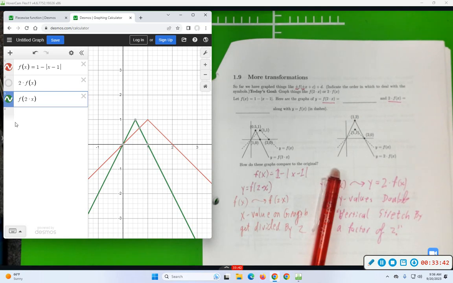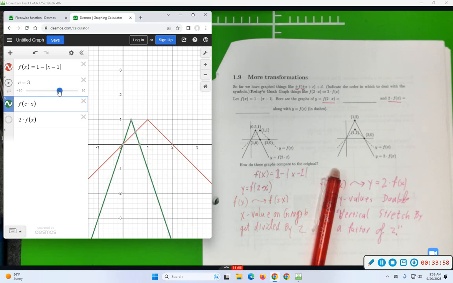And there's one handy thing you can do in something like Desmos. You can create these little sliders. Let's just see what happens if you replace that 2 with a different scaling factor. As that constant c goes up, do the x values get divided by bigger and bigger numbers?